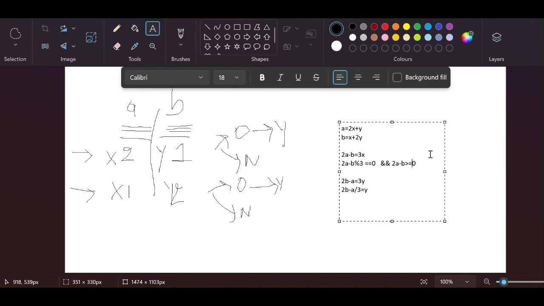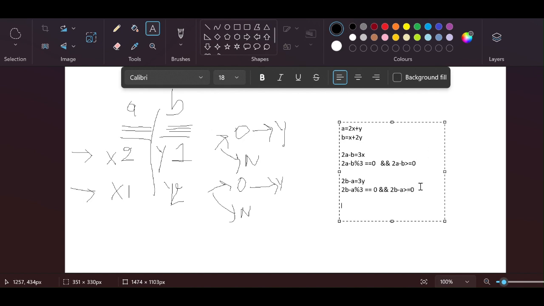Then we say, yeah, 2a minus b is actually a multiple of 3. If it is not, we have to return no. And just like the above, we have to follow this second condition also: 2b minus a is greater than or equal to 0, right?